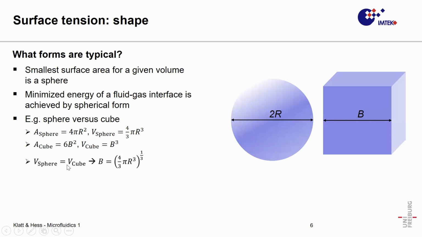So let's first calculate B in dependence of the radius, where B is the width of an edge of the cube. And if we insert this value of B into our area of the cube, we get this equation down here. And as you can see, the area of the cube is larger compared to the area of the sphere.